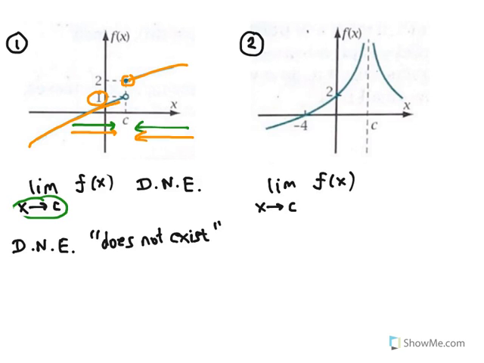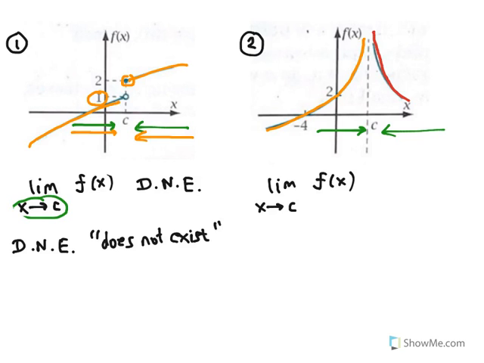Let's take a look at number 2 here. Here's another way in which the limit of the function as x approaches c may fail to exist. So x is approaching c from the left of c and from the right of c, and the question that you have is, when the input values are approaching c from either side, are the output values approaching a single number? And we don't have that happening here because the output values continue to increase without bound as x approaches c from the left of c, and the output values also continue to increase without bound as x approaches c from the right of c.